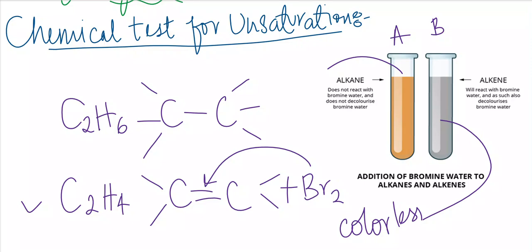That is the visible change when there is a reaction between bromine water and hydrocarbons which contain a double bond or a triple bond. A reaction in which a simple molecule adds across a double bond of the alkene is known as an addition reaction. Through this reaction you can easily check whether it is an alkane or an alkene.